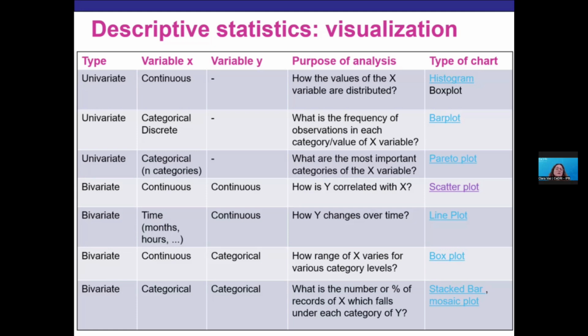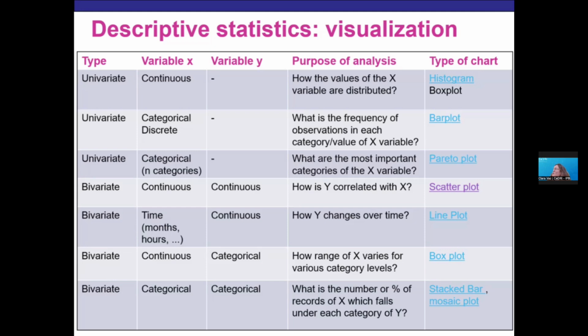Also, another important case is when we have the information of time. It is a good practice to represent the time on the horizontal axis, also using the scatter plot.